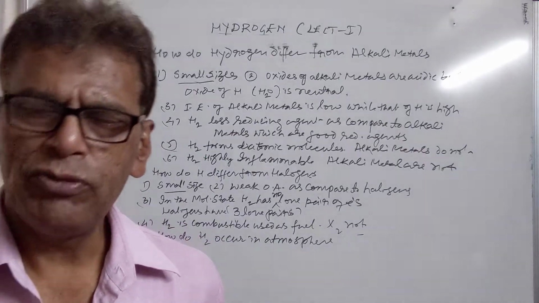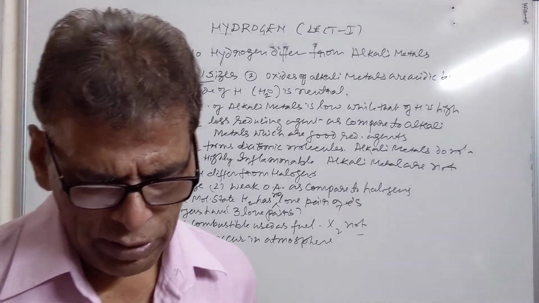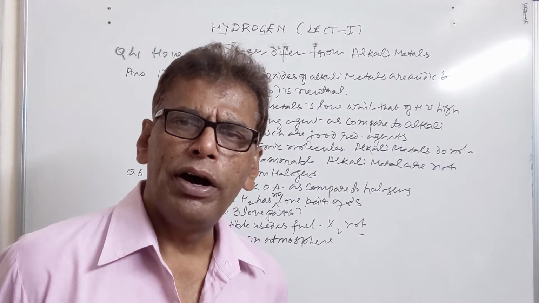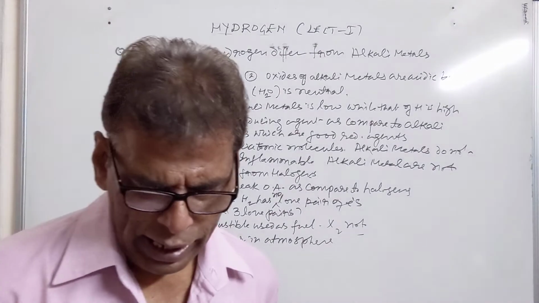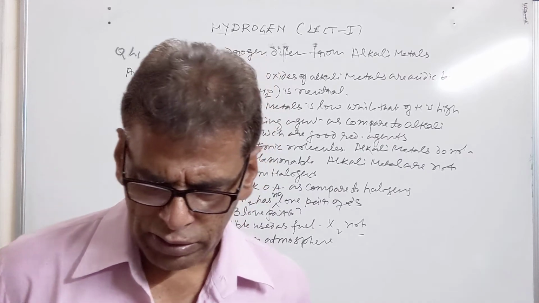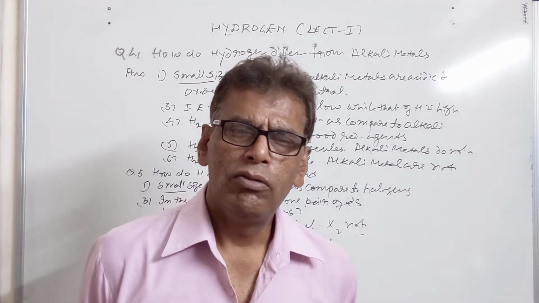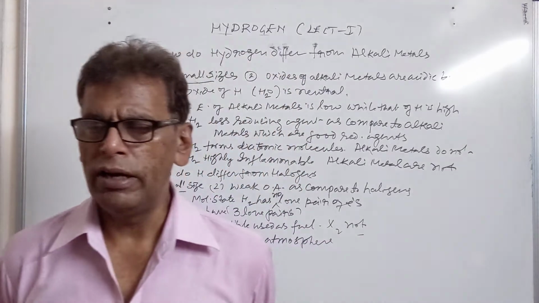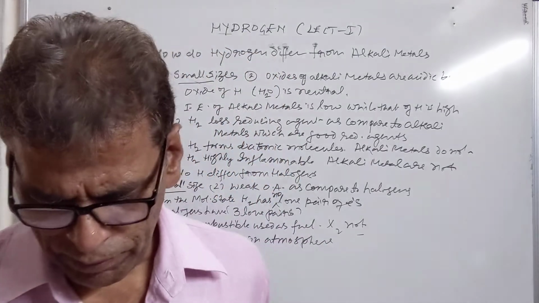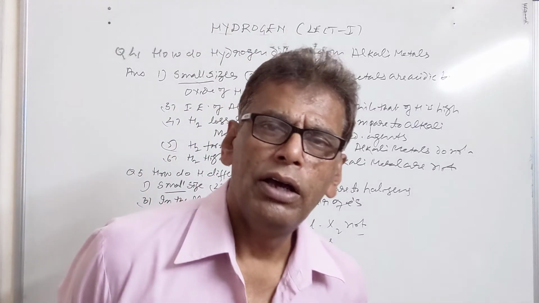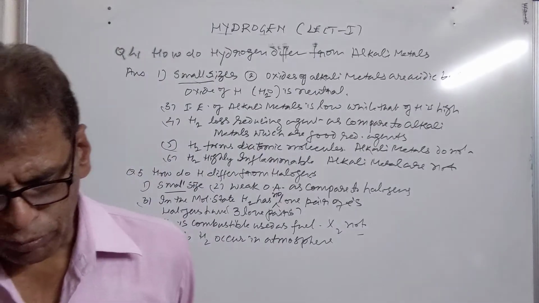In the earth's crust, it is found to be 0.9% by weight, and in the combined state, it is found in water and sea, petroleum, animal and vegetable matter. All matter contains hydrogen. It is a very important element of organic chemistry. What is the ABC of chemistry? That is carbon, hydrogen, oxygen, where hydrogen is the most important member of the family. So you can say that hydrogen is highly important from our life point of view.